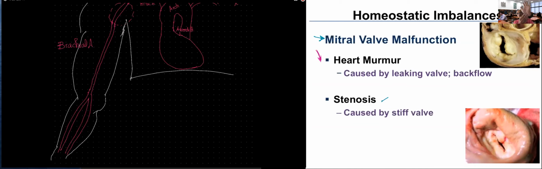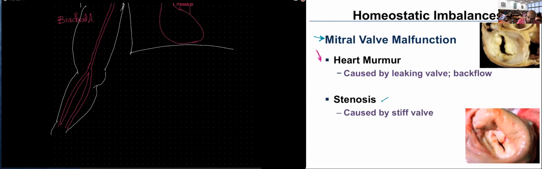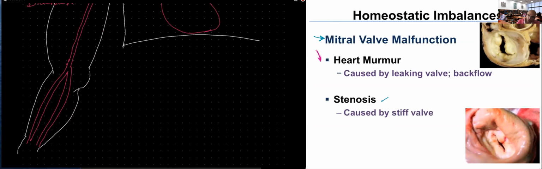When you check the radial pulse, you touch the lower part of the forearm just above the thumb. This is my radius, and the radius is lateral. The ulna is medial.